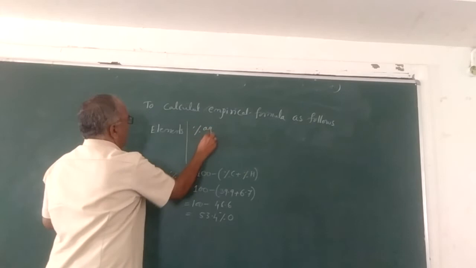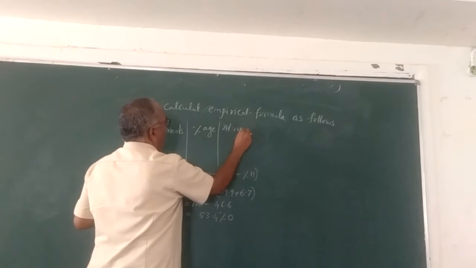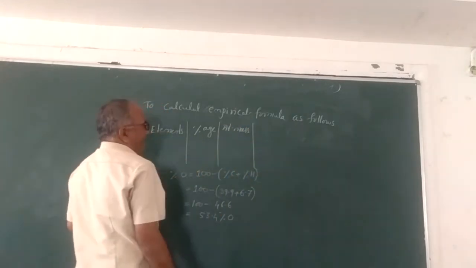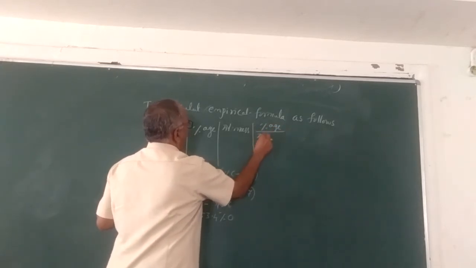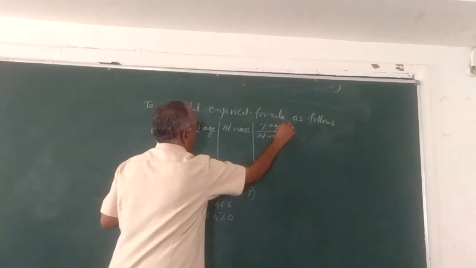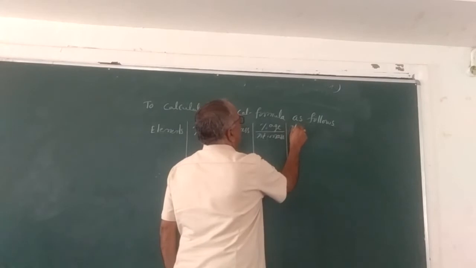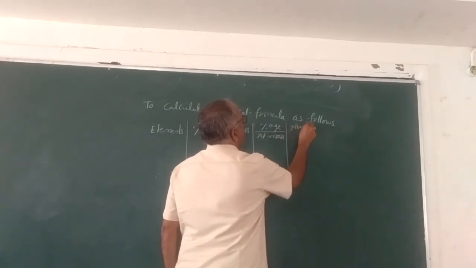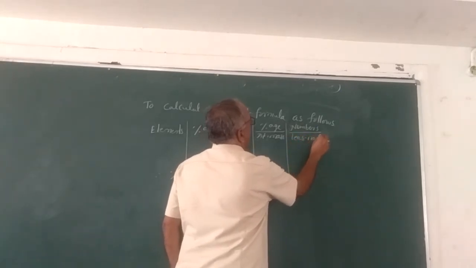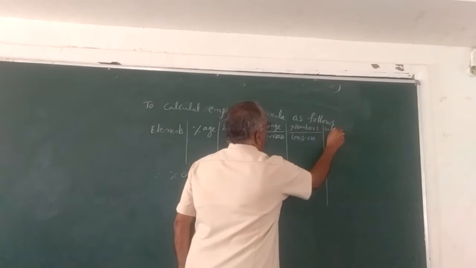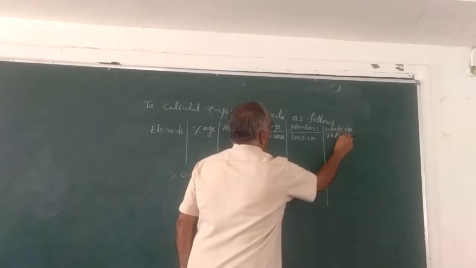Then percentage, then atomic mass, then percentage divided by atomic mass, then the numbers divided by the least number, then whole number ratio.